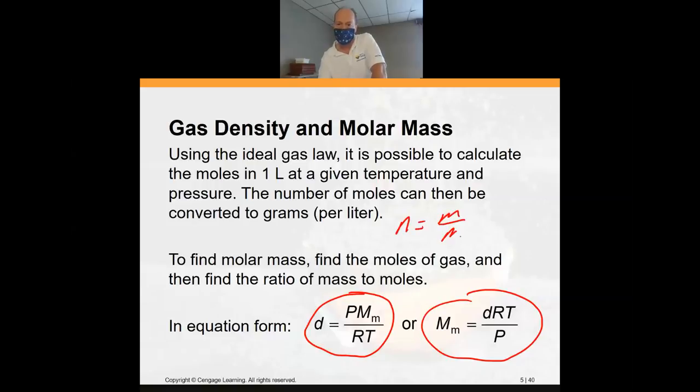You get mass over your molar mass. You also must know PV is equal to nRT. And if you know these two things, you can get all of these different equations. Well, you also have to know density is the mass over the volume. So you need to know all of those three things. That is for sure what you need to know. You do not need to memorize this and this because you can get that from those.